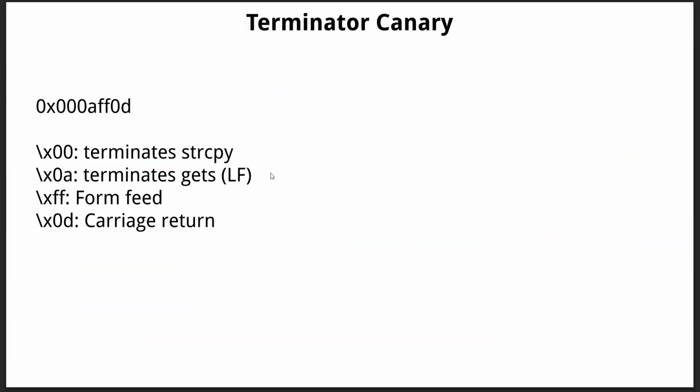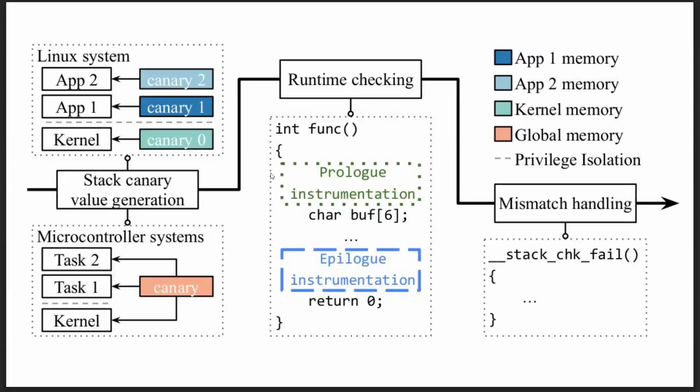So this figure is actually from a paper we submitted, which was published. We talked about how Linux handles Canary and how embedded systems handle Canary. And our argument is that for most embedded systems, those microcontroller-based systems, even if they have a Canary, it actually doesn't do anything.